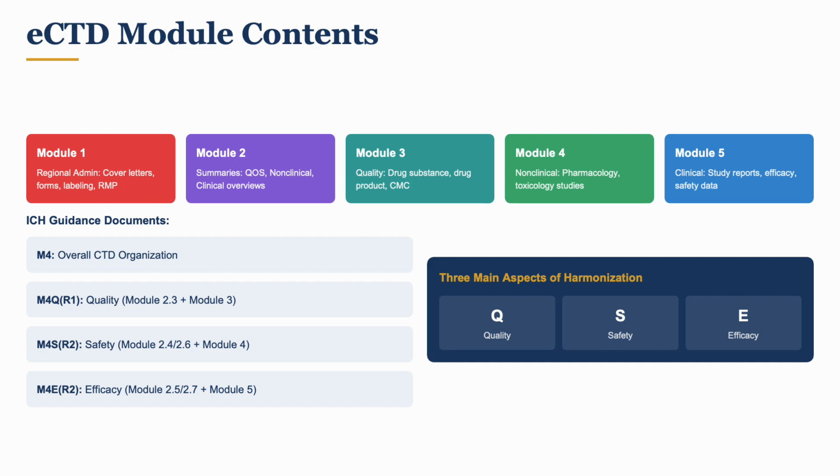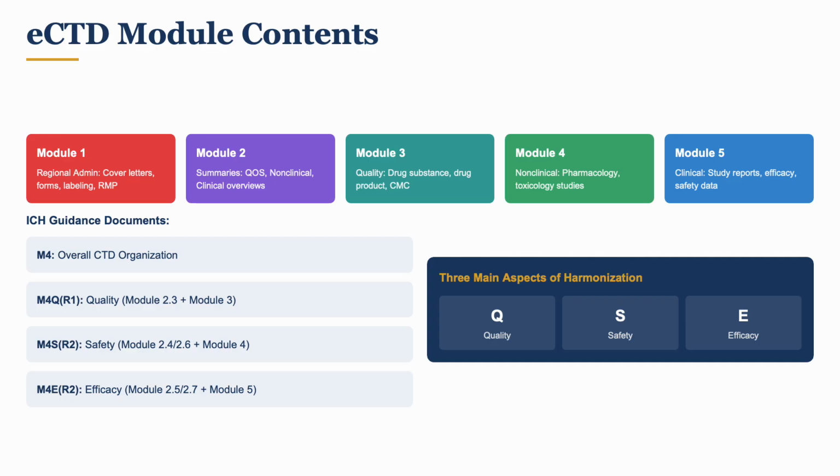Module 4 contains non-clinical study reports, pharmacology studies, pharmacokinetic studies, toxicology studies. These are the animal studies that support safety. Module 5 contains clinical study reports, all the human trial data including efficacy and safety results.